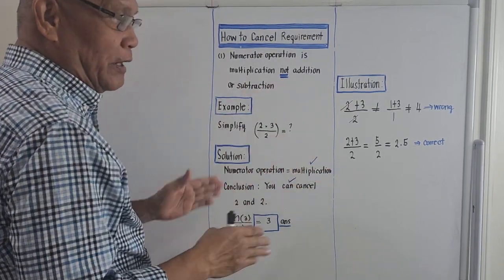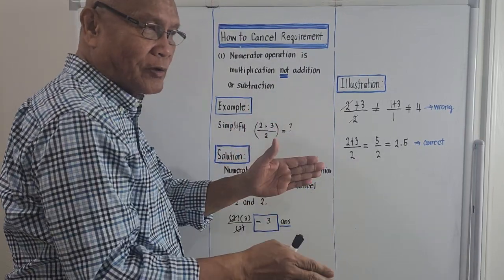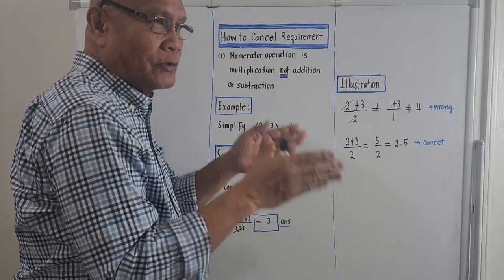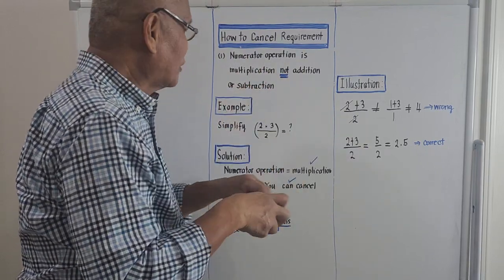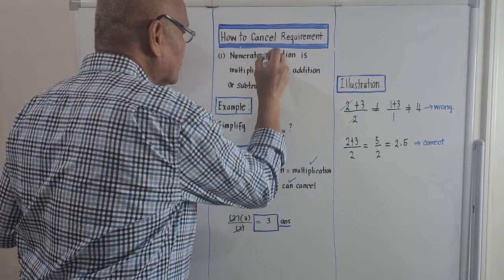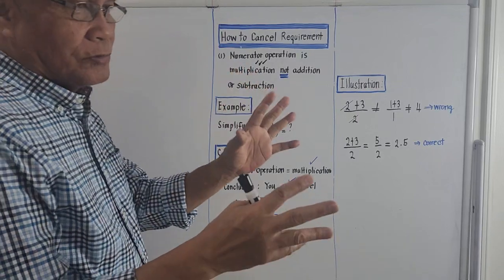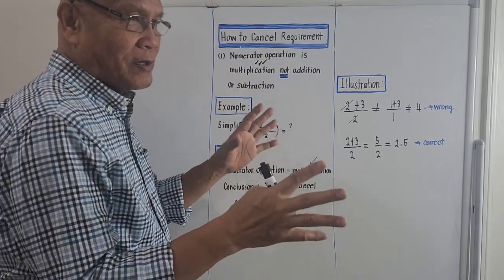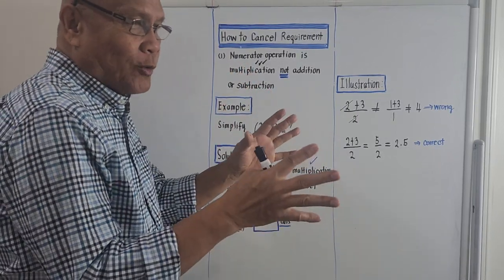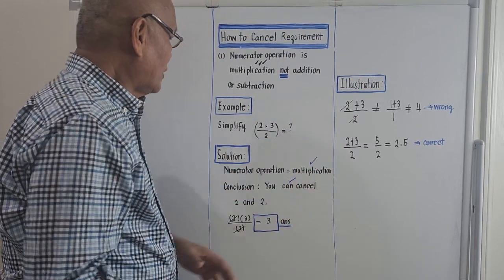Meaning to say, before you could cancel something on both the numerator and denominator, the operation on the numerator should be multiplication. I will try to illustrate this one by giving an example. I will place numbers so we could visualize it. Example.